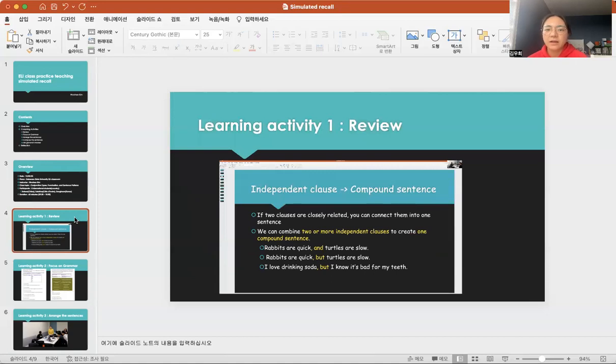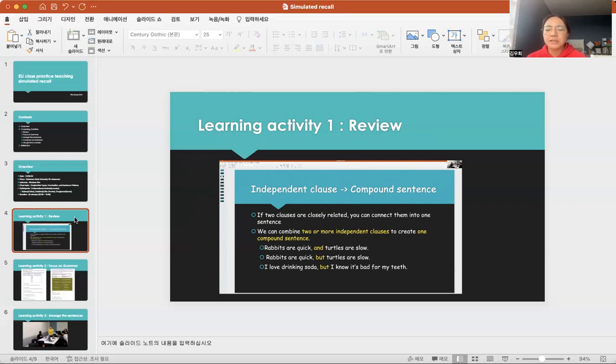For the first learning activity, I reviewed the previous class. Actually, this class is the 3rd class of the composing sentence grammar unit.